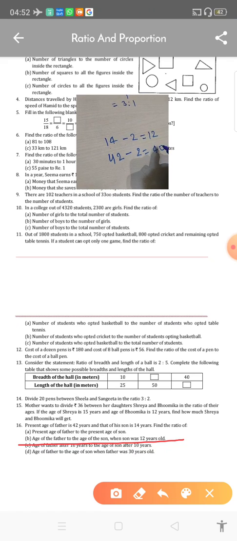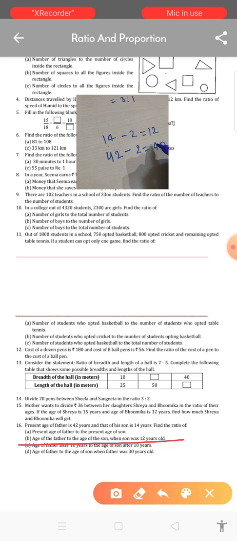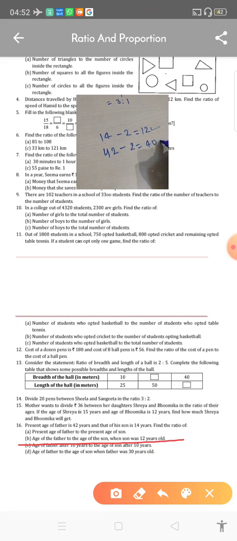So before 2 years, the age of son is 12 years and the age of father is 40 years.